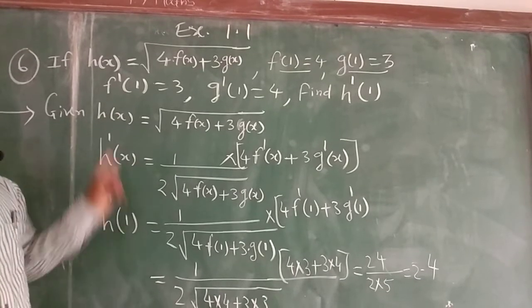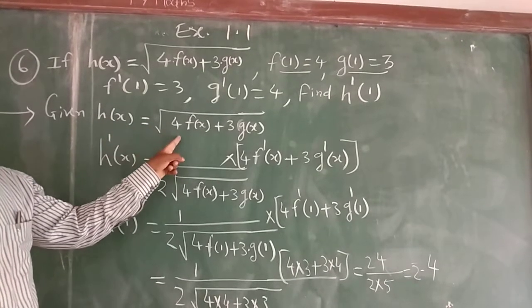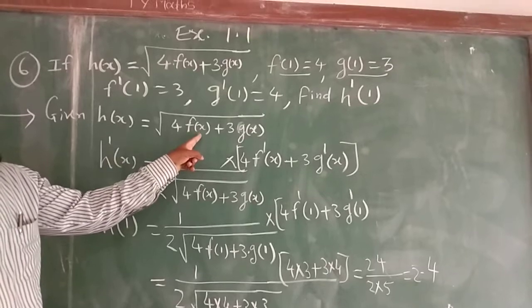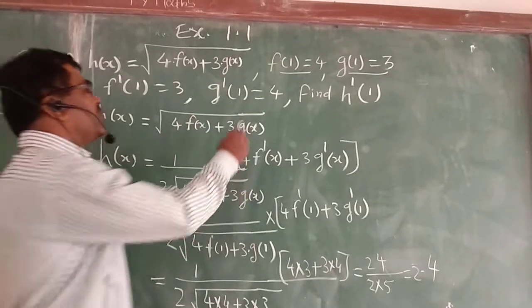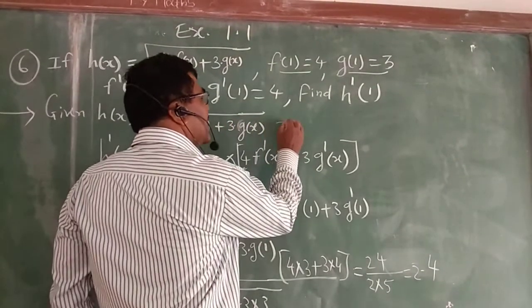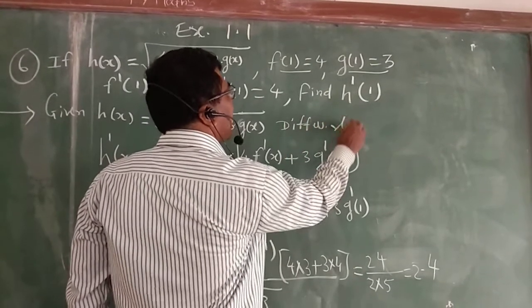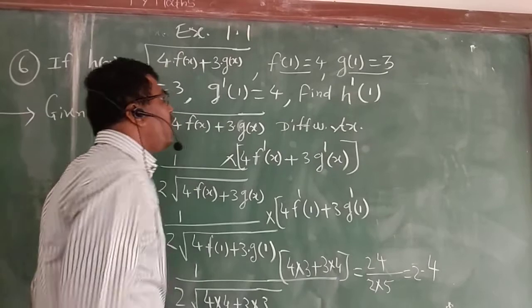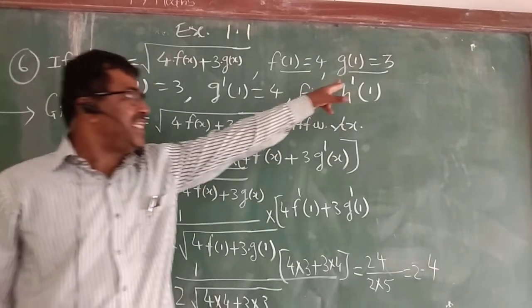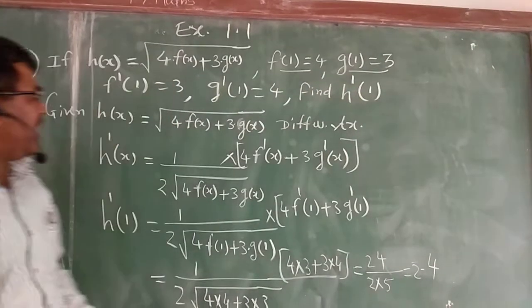Given h of x equal to root 4 into f of x plus 3 into g of x, differentiating with respect to x, we have to find h dash 1.